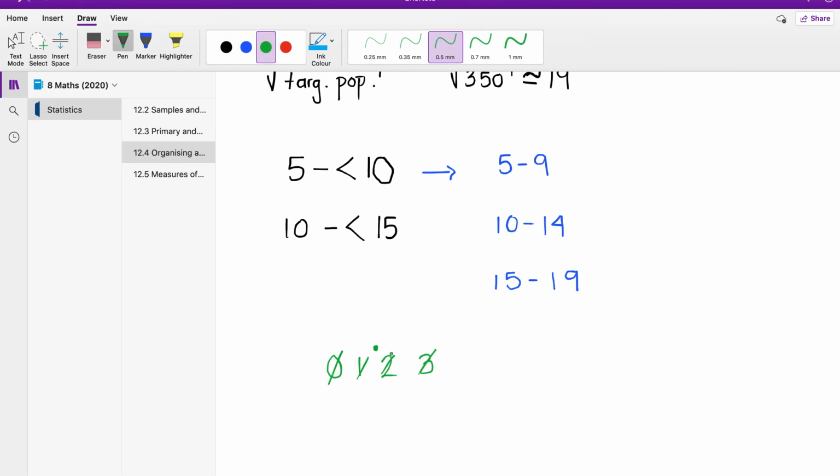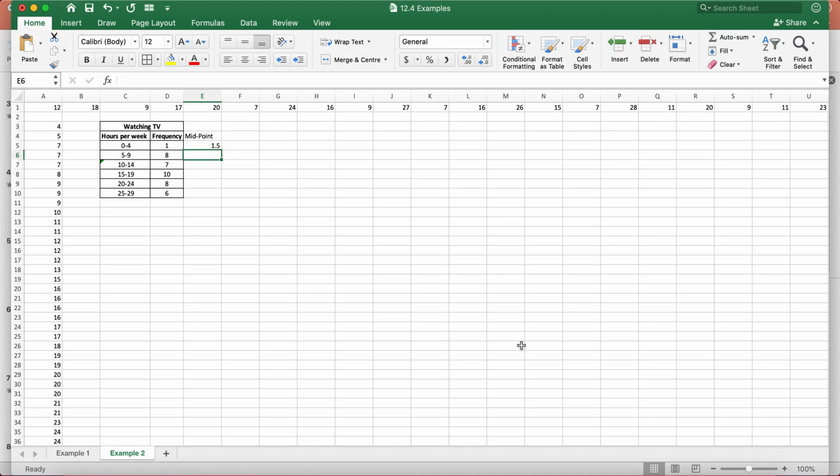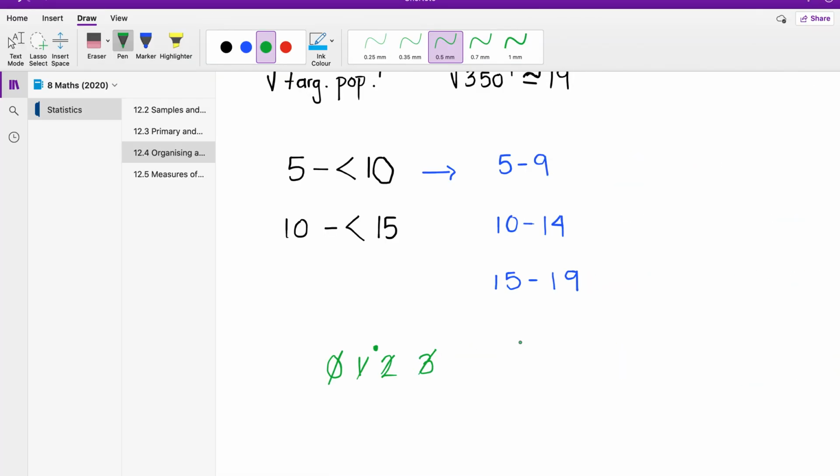And then between 5 and 9, if I do the same thing, I made a mistake. Yes, again. I'm going to rub this out. Sorry, I made a mistake because this one goes up to 4. So I go 0, 1, 2, 3, 4.